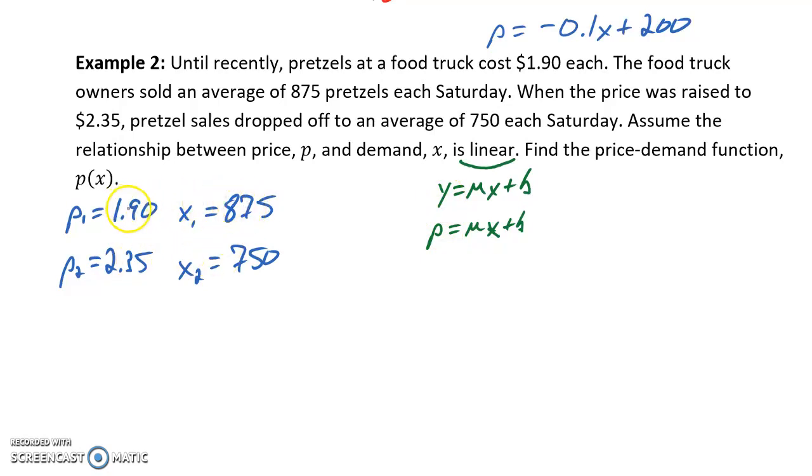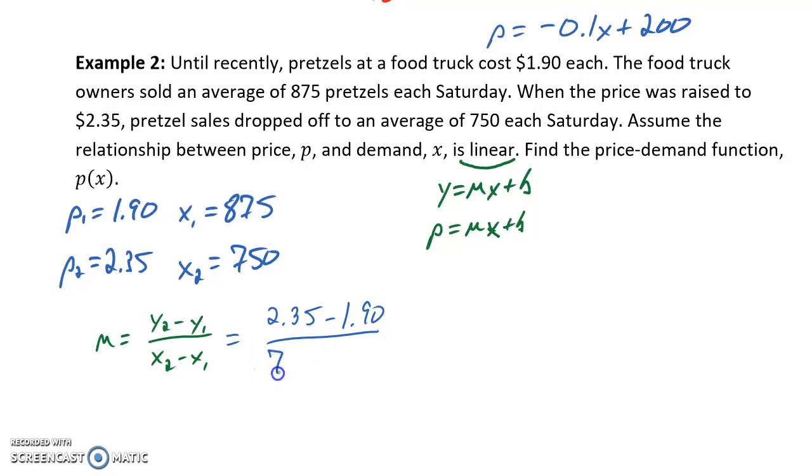x as our independent variable, p is our dependent variable. So we can fall back on the slope equation, which would be y2 minus y1 over x2 minus x1, or again in this case, y is being replaced by p. So what we'll have is the difference of our p values, those price points, divided by the difference of our sales level or demand levels, being sure to keep those pairings consistent.